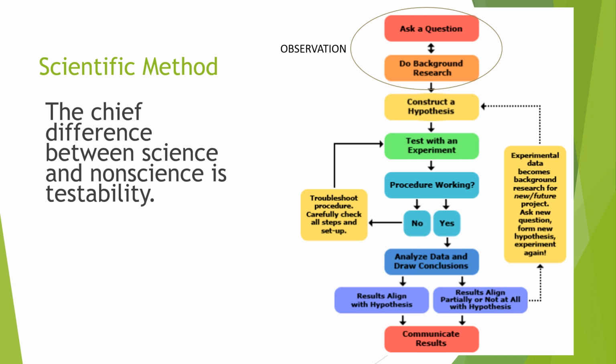But something else can happen, which is that the results align partially. Partially means a little bit, but not completely, parcialmente, or not align at all with the hypothesis. So your hypothesis was completely wrong, and nothing that you predicted actually resulted from the experiment.